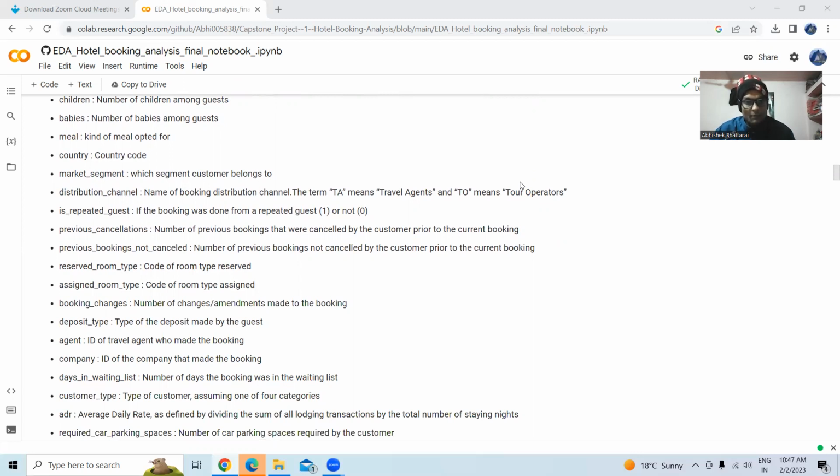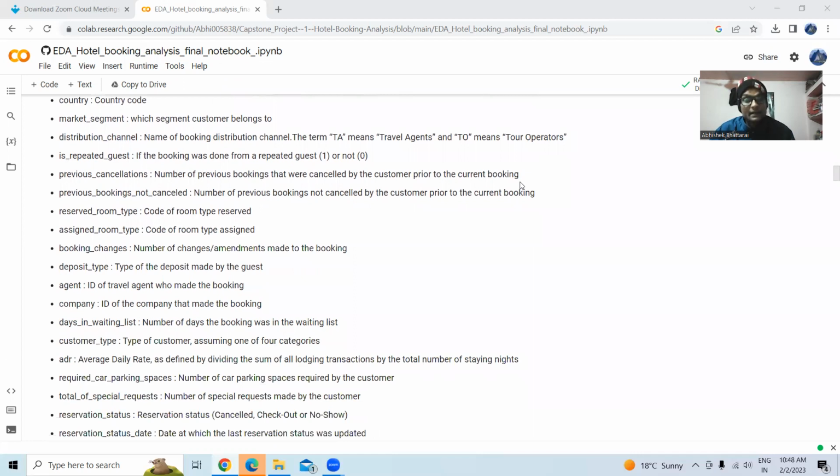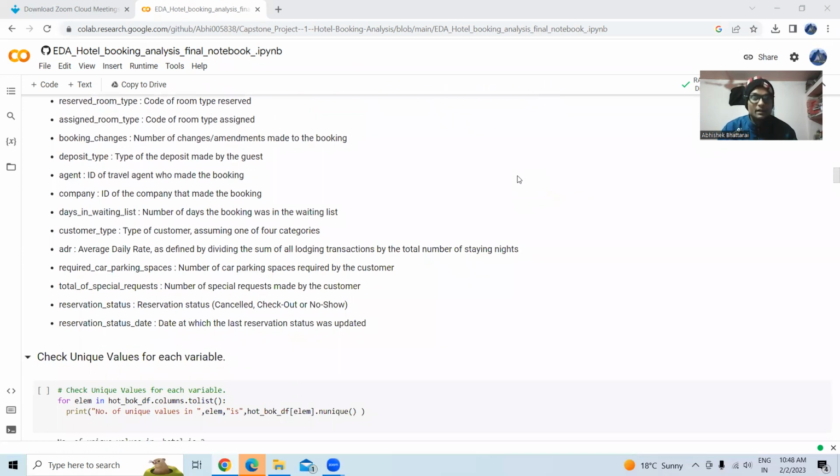Deposit type: type of deposit made by the guest. Agent: ID of the travel agent who made the booking. Company: ID of the company that made the booking. Days in waiting list: number of days the booking was in the waiting list. Customer type: assuming one of 4 categories.